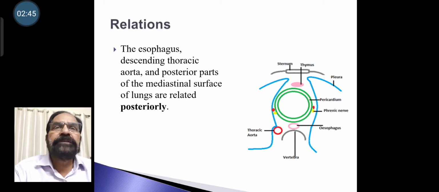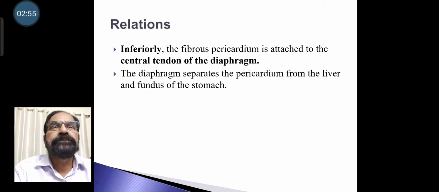The esophagus, descending thoracic aorta, posterior part of mediastinal surface of lungs are related posteriorly. Inferiorly, the fibrous pericardium is attached to the central tendon of the diaphragm. The diaphragm separates pericardium from liver and fundus of the stomach.